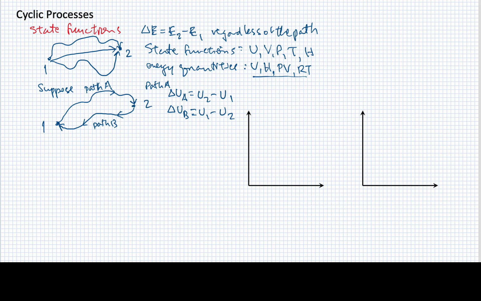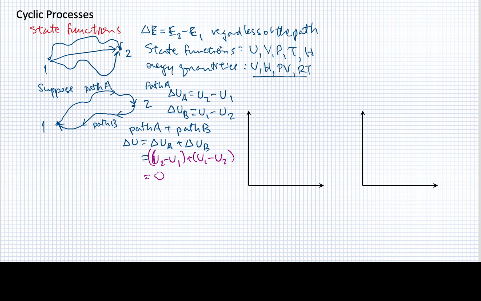So the interesting thing is if I go on path A and I follow that with a system that evolves along path B, I'm going to have a total internal energy change that's just the sum of the 2 internal energy changes. But I've already seen that this first one is just equal to U2 minus U1, and the second one is U1 minus U2. So when I add these together, it's going to equal 0.